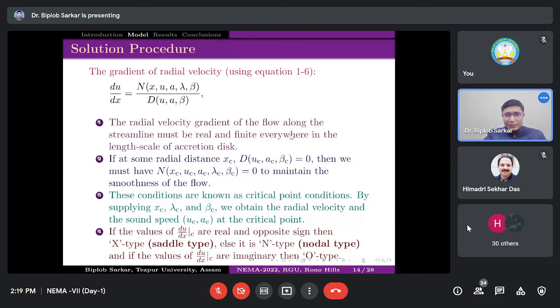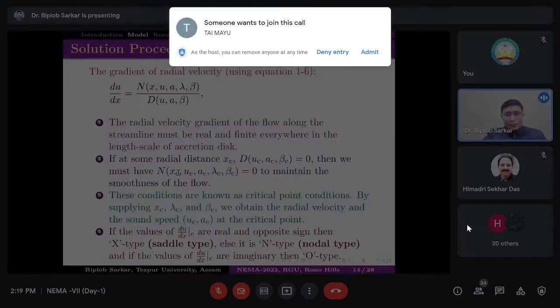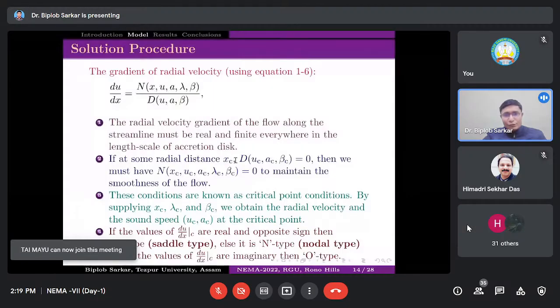However, if at some radial distance xc the denominator goes to 0, then the numerator must also simultaneously vanish at that location xc, in order to maintain the smoothness of the flow.